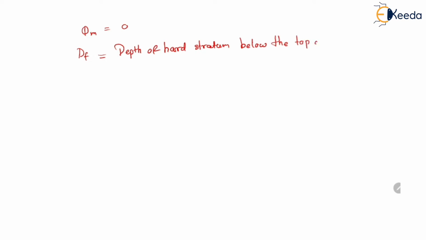For such soils, for which this stability chart is not applicable, he prepared a different stability chart. For such soil whose mobilized friction is 0, he introduced another term called dF. It is also called the depth factor, and it is equal to the depth of hard stratum below the top of the slope divided by the height of the slope.